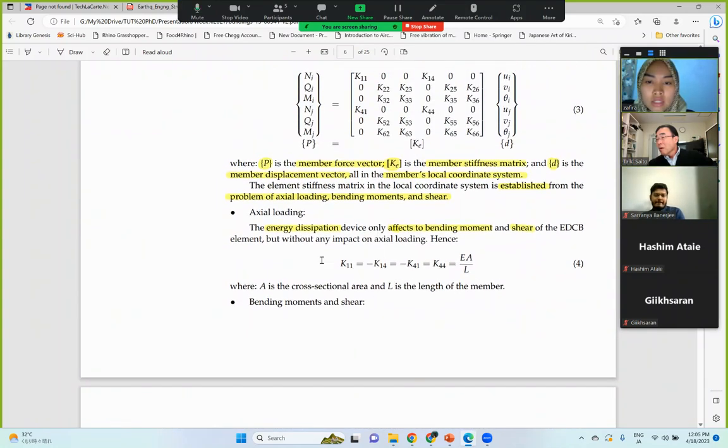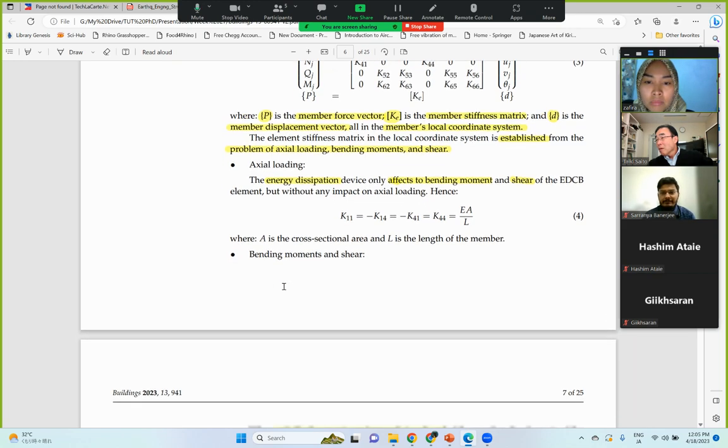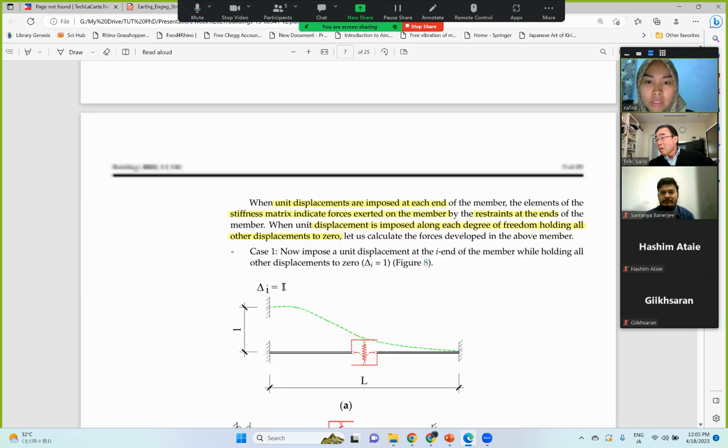This is the axial loading, energy displacement, effective bending moment, and the shear at the end of the element without any impact of axial loading. But this one is the bending moment and shear.